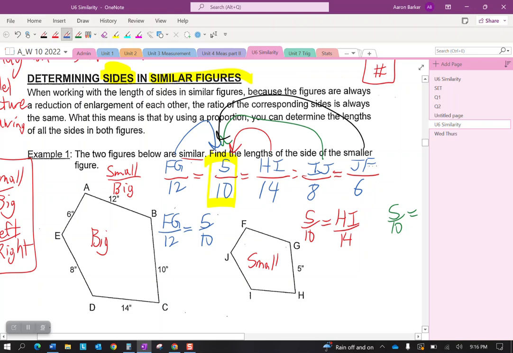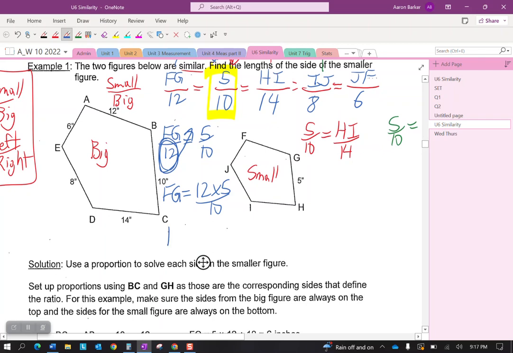So instead of dividing by 12, we bring this 12 up from here and we multiply by 12. So FG equals 12 times 5 over 10. Okay, so try that on your calculator.